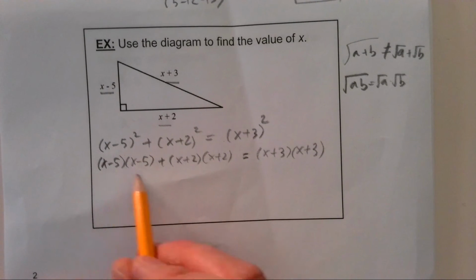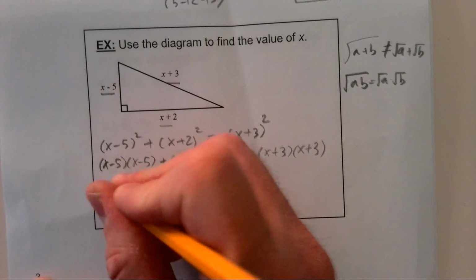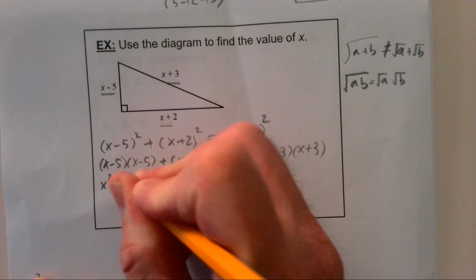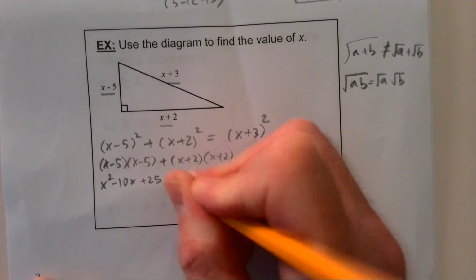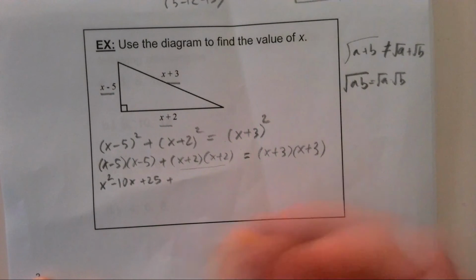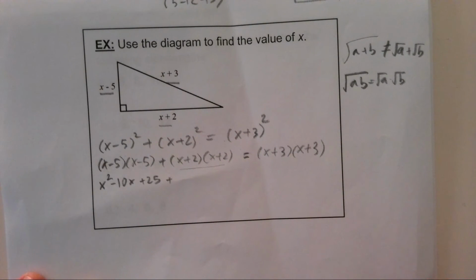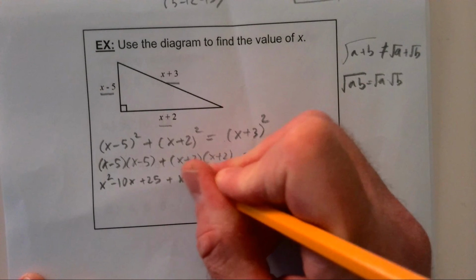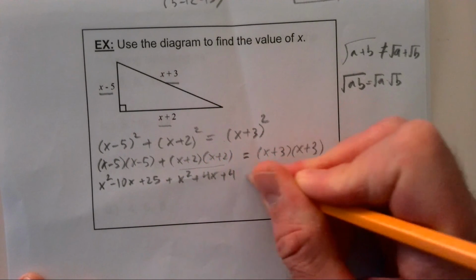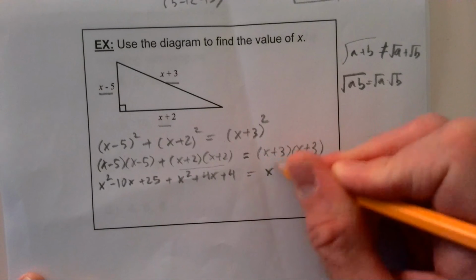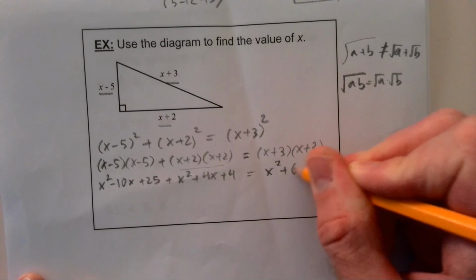Anyways, going back and foiling these, this is going to be x squared minus 10x plus 25. And then when you FOIL this expression here, you're going to get another x squared and a 4x and a 4. And then on the right side, x squared and 6x plus 9.